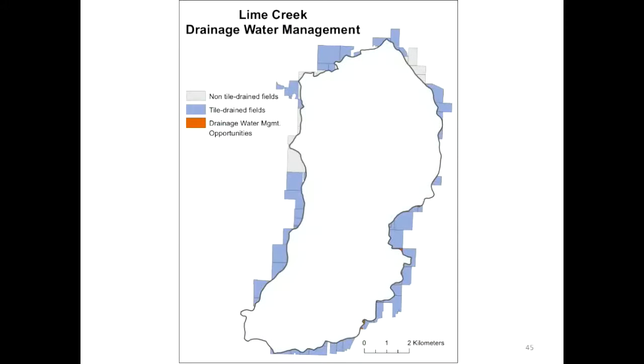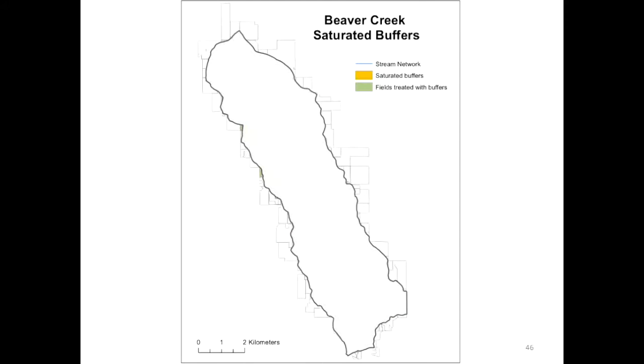Drainage water management is another one. There is an area, very flat, about 50 fields down here that are appropriate for water table control. And saturated buffers, about 25 to 30 fields that are appropriate for that. It's a good thing I have these numbers in mind, right? Because you guys can't see a darn thing here.